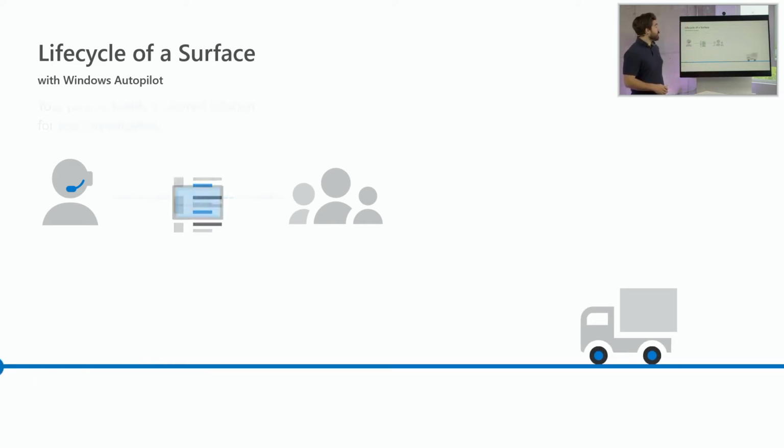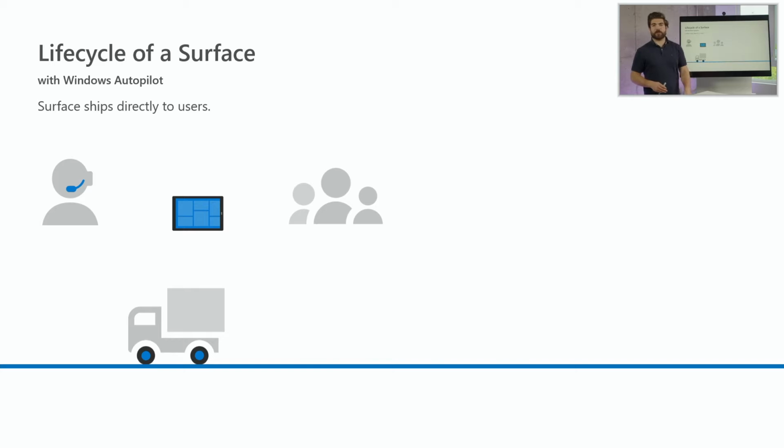From there, we will go ahead and ship the devices directly to your end users. While sure, you can go ahead and have them shipped to you and you can divvy them out yourself if you so choose, that's just fine. But we can get them directly into the hands of every single user, which is all the more streamlined and all the more quick.